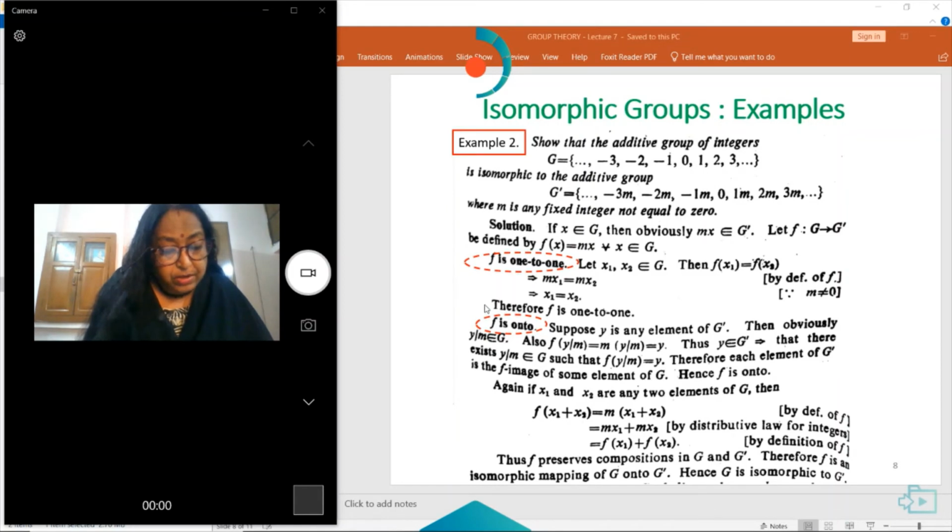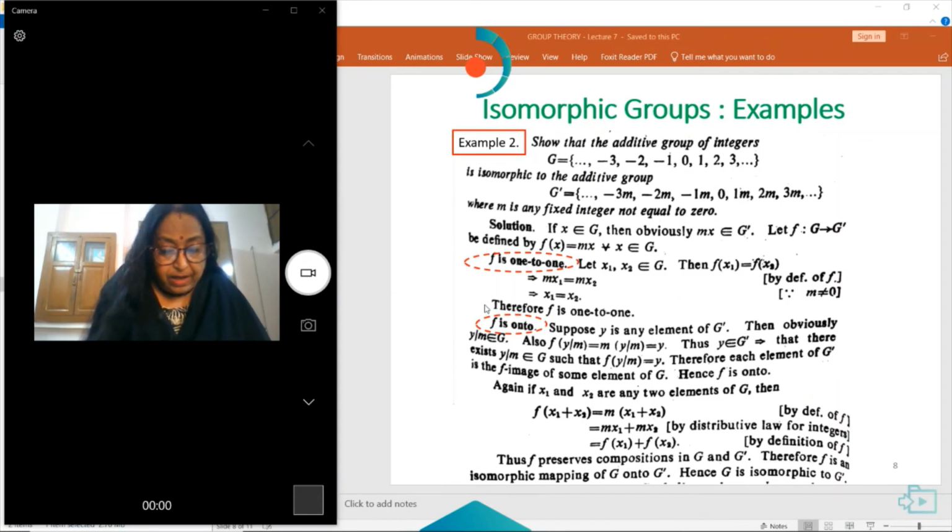If x belongs to G, then this implies mx belongs to G dash. Let f be a mapping from G to G dash. Then by definition f(x) is equal to mx for every x belongs to G.